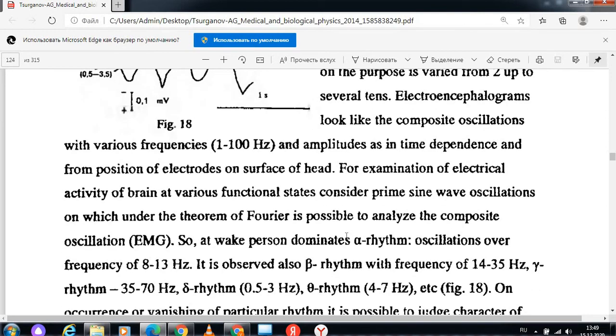with a frequency of 14 to 35 Hz, gamma rhythm from 35 till 70 Hz, and delta rhythm from 0.5 till 3 Hz, theta rhythm from 4 till 7 Hz.